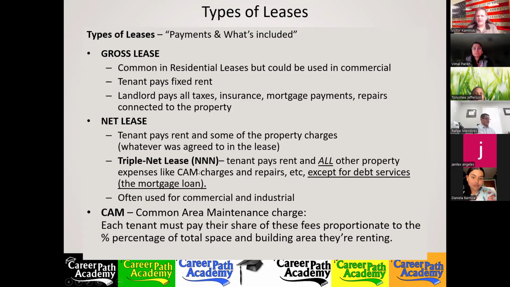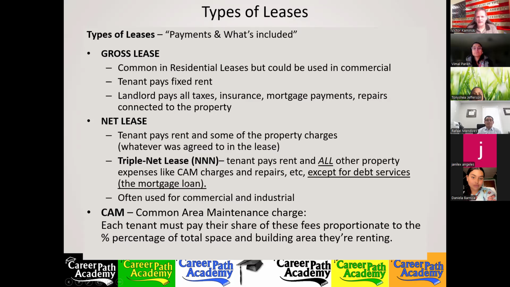And in a triple net lease, expressed as NNN, the tenant pays the rent and all the property expenses to maintain the property, like CAM charges and any repairs that are needed. They pay for expenses associated with the property taxes even. They just do not pay the mortgage loan.